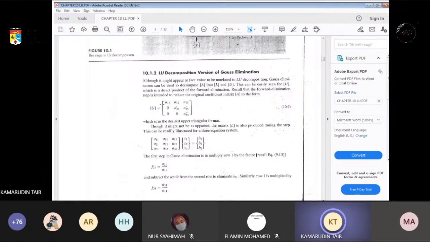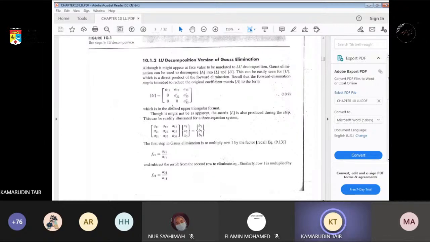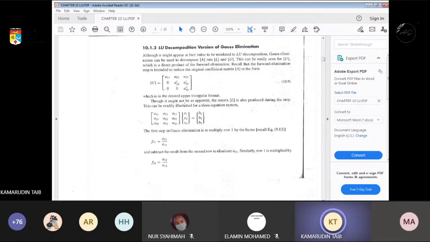An example is this upper triangular matrix, which is typical of matrices involved in Gauss elimination. Recall that the forward elimination step is intended to reduce the original coefficient matrix A to the form of an upper triangular matrix. Though it might not be apparent, matrix L is also produced during this step.